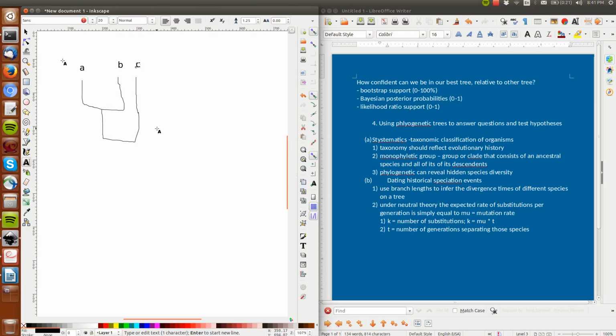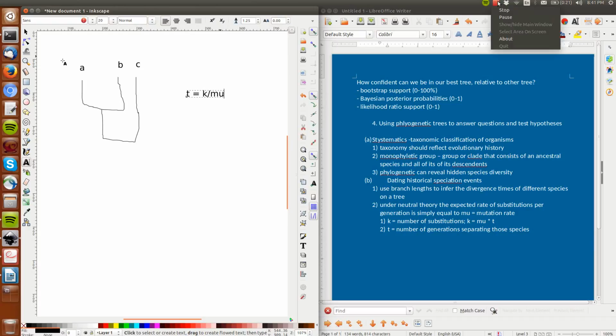And if I want to know how long ago divergence happened, well, if k is equal to mu times t, then by definition t is equal to k divided by mu. So if I take the number of substitutions and divide by the mutation rate, I'll have the divergence time.